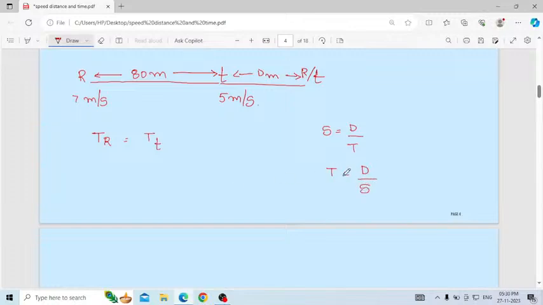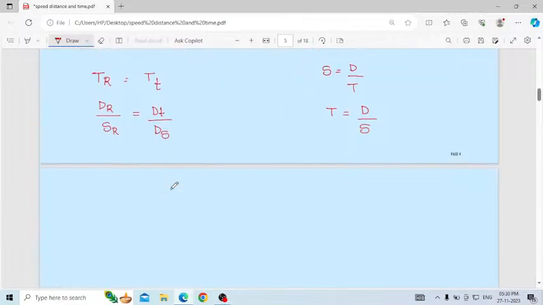For Ramesh, it will be dr divided by sr, where sr means speed of Ramesh and dr the distance covered by Ramesh. The time taken by the thief will be dt divided by st.